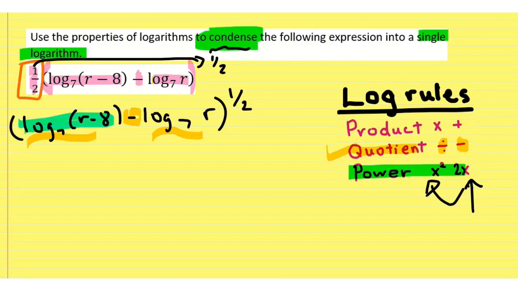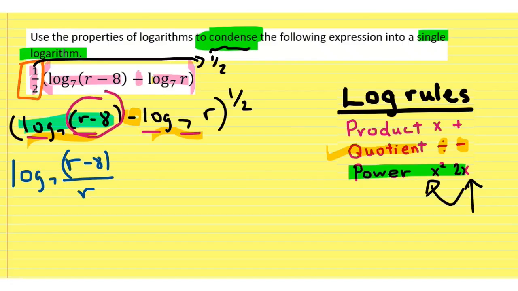So that means that we can rewrite that as the log base 7 of the expression r minus 8 divided by the r. So does that make sense? I have a log of something minus the log of something, and I can take this, move it to the numerator. I can take this and move it to the denominator. So that's how I change that.